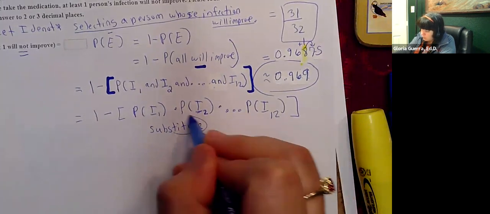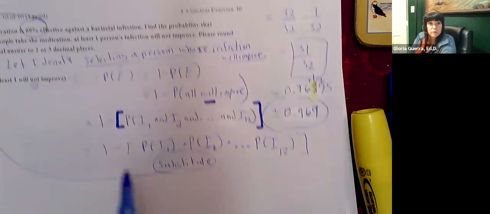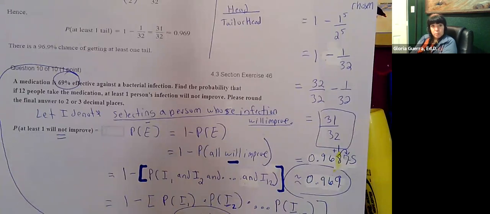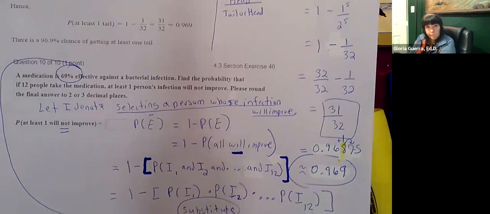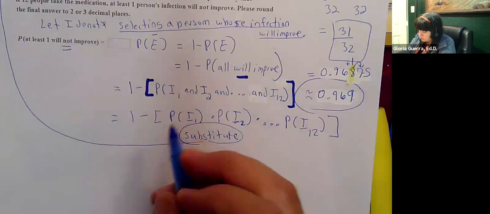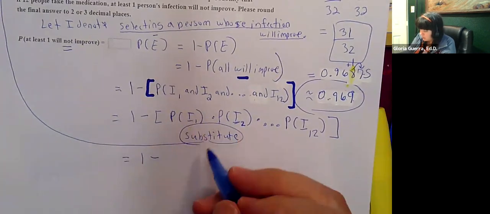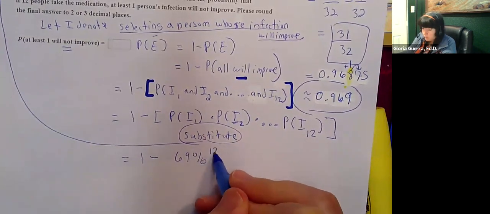I come back over here and substitute this value here. So when I do my substitutions, I have 1 minus 69% to the 12th power.